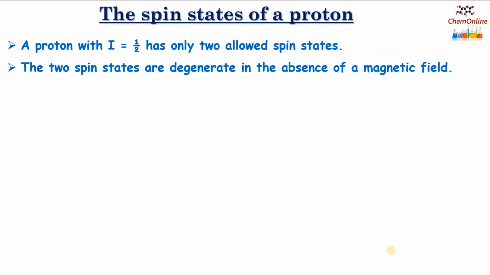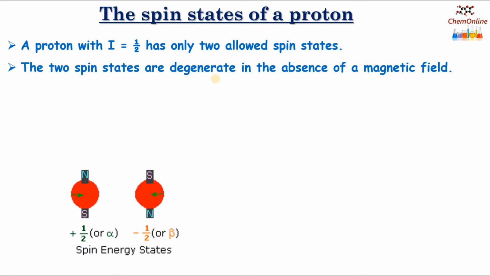Now let's see more about the spin states of a proton. We have seen that a proton with the spin quantum number I equals 1 by 2 has only 2 allowed spin states. And these 2 spin states are degenerate in the absence of a magnetic field. Degenerate means they are having the same energy.